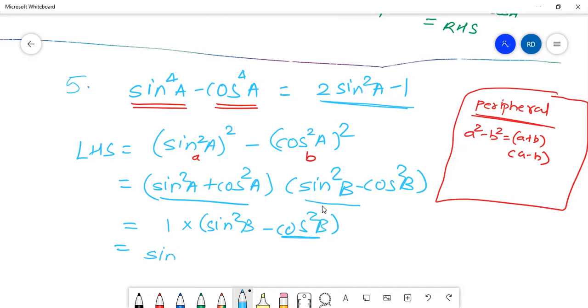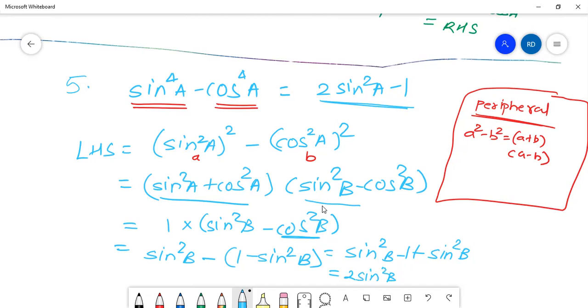So sine square will be written as it is, minus in bracket, cos square replaced by 1 minus sine square A. So this will become sine square A minus 1 minus sine square A, sorry, minus 1 plus sine square A, which is equal to 2 sine square A minus 1, right? Which is our RHS.